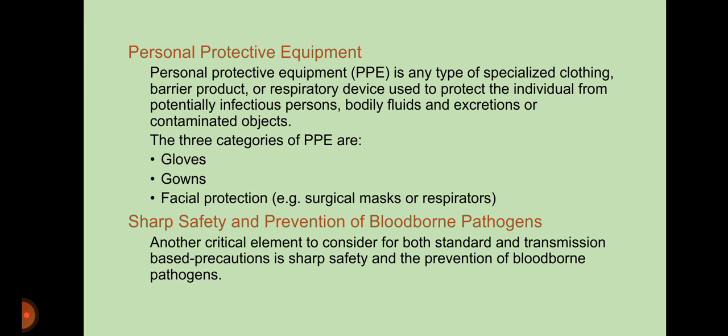The next is the personal protective equipment. So personal protective equipment or the PPE is any type of specialized clothing, barrier product, or respiratory device used to protect the individual from potentially infectious persons, bodily fluids, and excretions or contaminated objects.